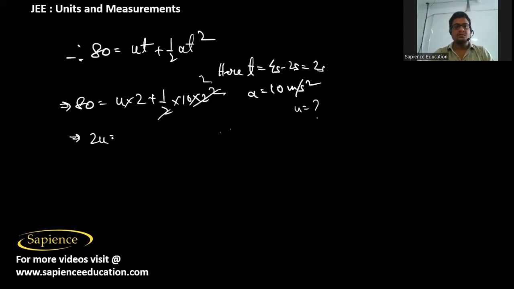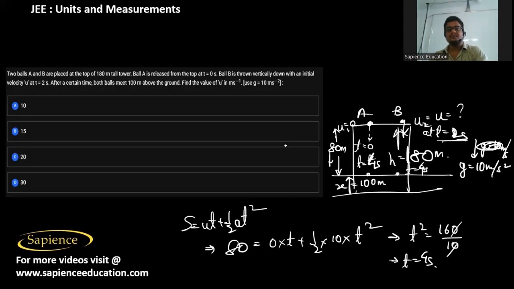So 2u equals 80 minus 20, which equals 60. So u will be equal to 30 meters per second. Therefore, the initial value of u is 30 meters per second. So option D is the correct answer.